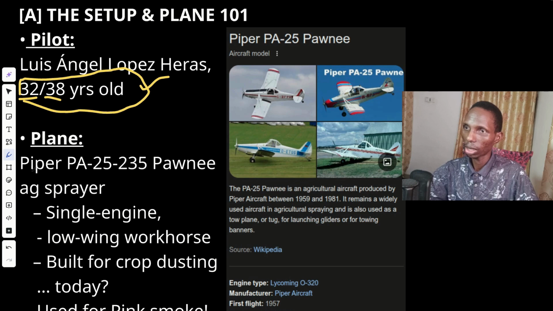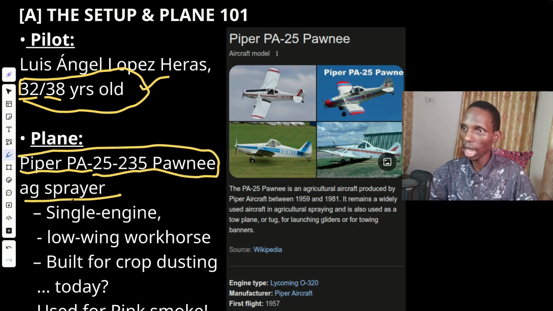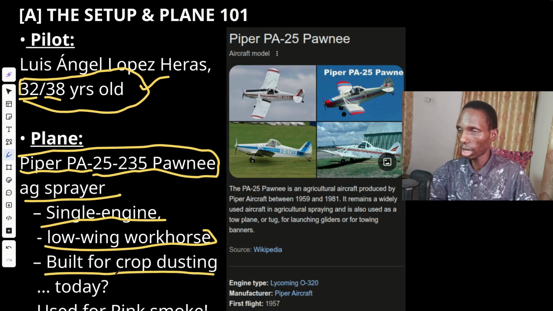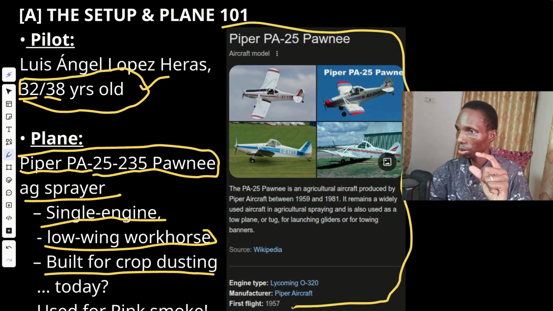So the plane is said to be a Piper PA-25-235 Pony. That's an ag sprayer, a single engine low wing workhorse built for crop dusting. Even though it was actually used for pink smoke spraying for a gender reveal, as you can see, I grabbed this for you from a Wikipedia source.